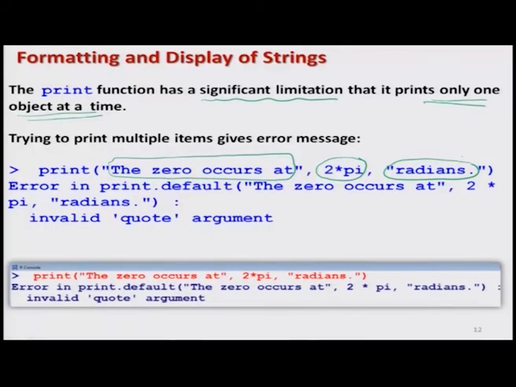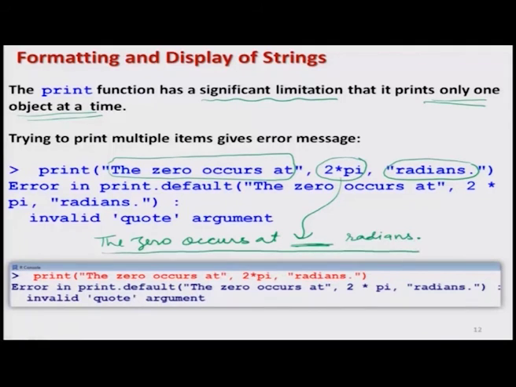So I need the output "The 0 occurs at", then some value, then "radians." with a full stop, and here the value of 2 pi will be inserted. I want to write in the same line, that means 3 things in a sequence, 1, 2 and 3. They should come in the same order.